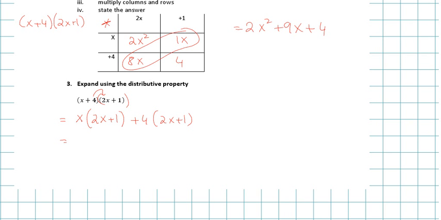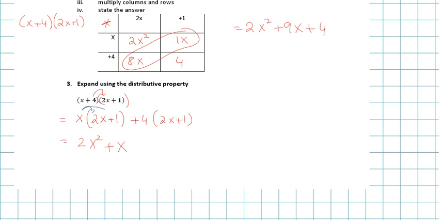So now you're going to use the distributive property, for example that I've given a long time ago, right? Distributive property means you're multiplying whatever's outside with whatever is inside the bracket. So I have to multiply x times 2x, which gives me 2x squared, x times 1 is x. So I'm done with the first bracket.